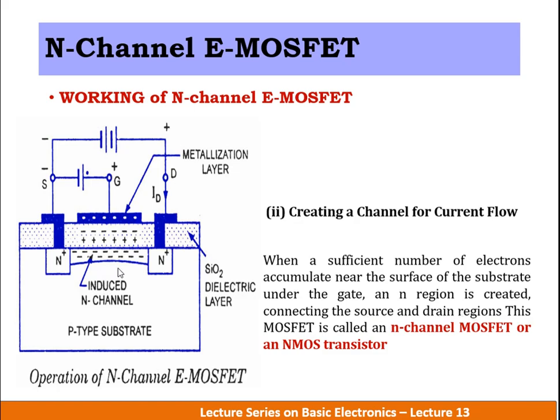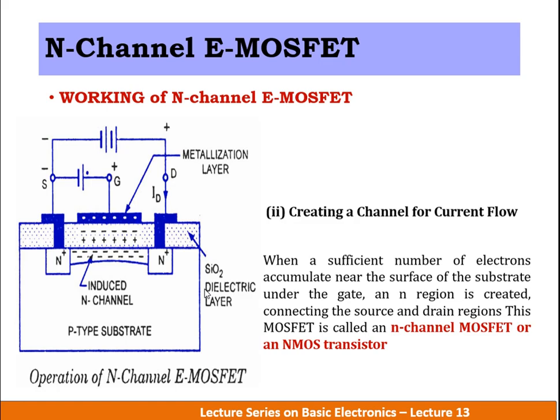So this MOSFET we can now call an N channel MOSFET or NMOS transistor. Because of this induced channel, now that the channel is available, if you keep on increasing the VGS value, for the increase in VDS there will be a flow of current, nothing but the drain current.